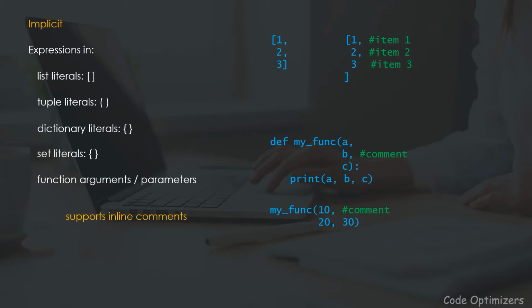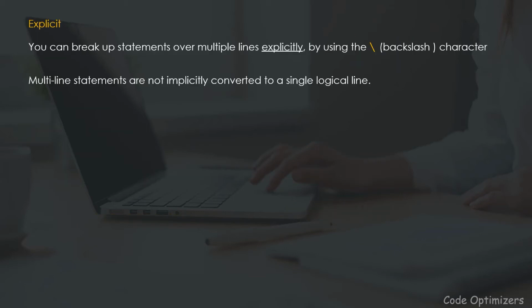Now, sometimes there are cases where we have a long statement and we want to break it up over multiple physical lines as well, but Python will not do implicit removal of our newline character in that case. We have to explicitly specify that we need to break a statement over multiple lines by using the backslash character.